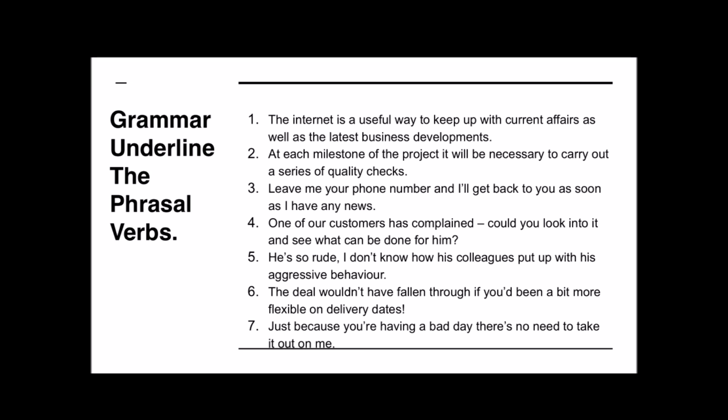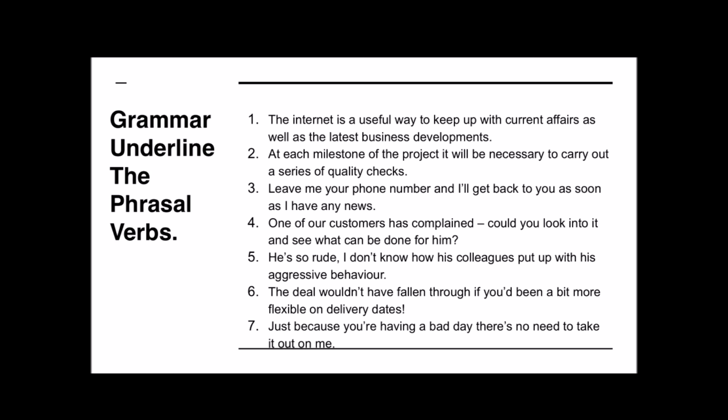Number 3, leave me your phone number and I'll get back to you as soon as I have any news. Number 4, one of our customers has complained. Could you look into it and see what can be done for him? Number 5, he's so rude. I don't know how his colleagues put up with his aggressive behavior.